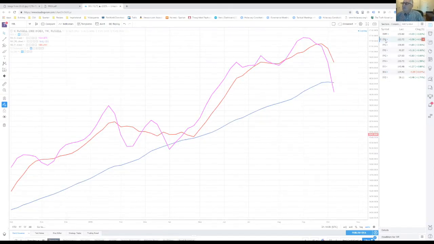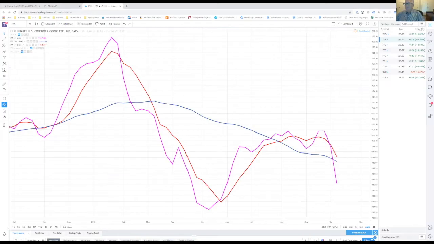Okay. Same time period as all the indexes we just looked at, the Dow, the S&P, the NASDAQ, Russell 2000. But now we're looking at consumer goods.